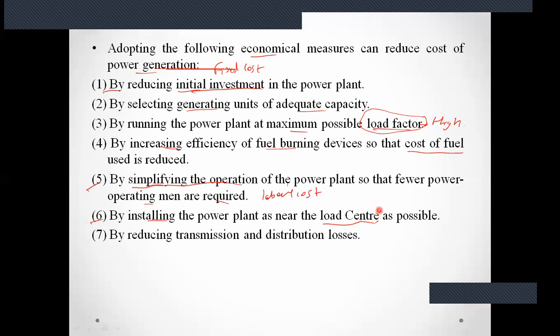Wherever the load centers are, the power plant should be nearer to them, so the transmission and distribution losses will be less. If we follow these methods, we can reduce the cost of power generation.